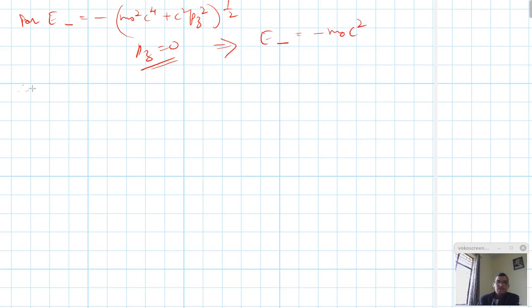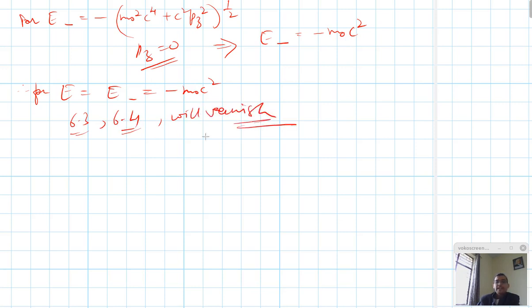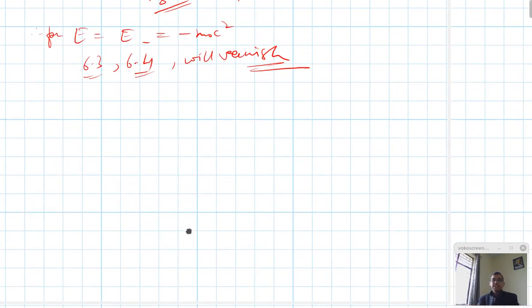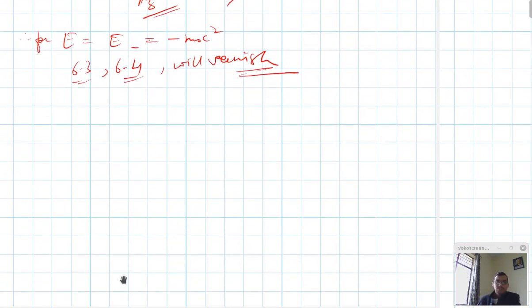So therefore for E equal to E minus, which is equal to minus m₀c², equations 6.3 and 6.4 will vanish. Let me consider equation 6.1.